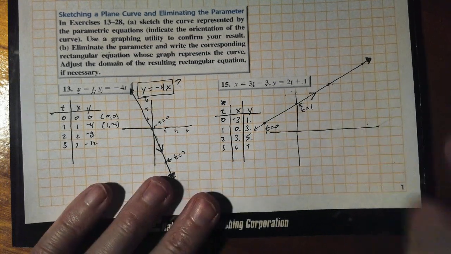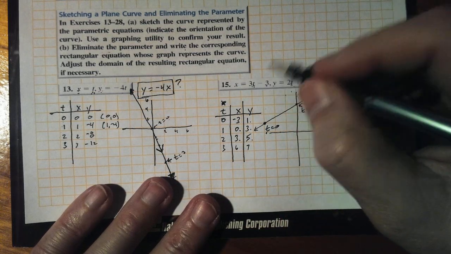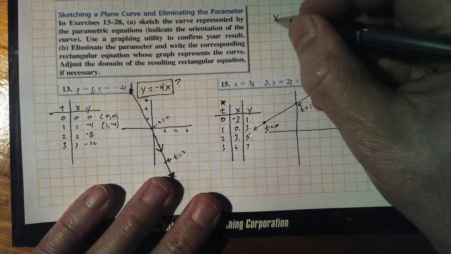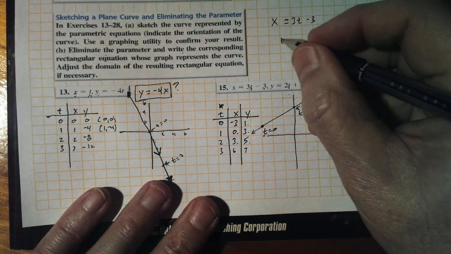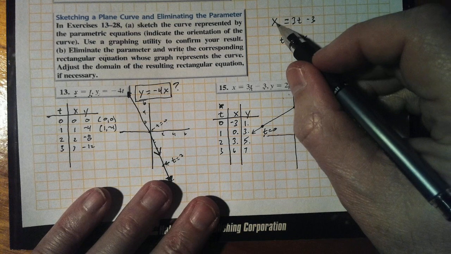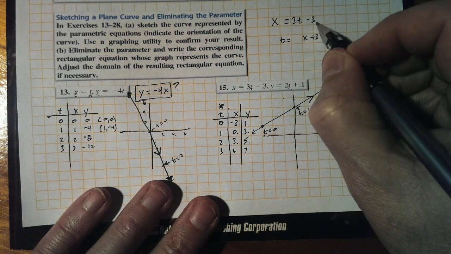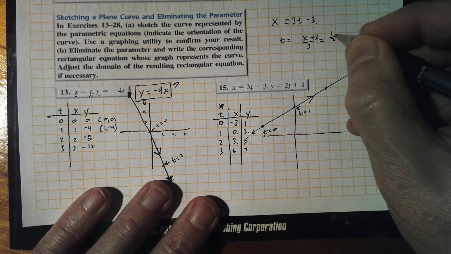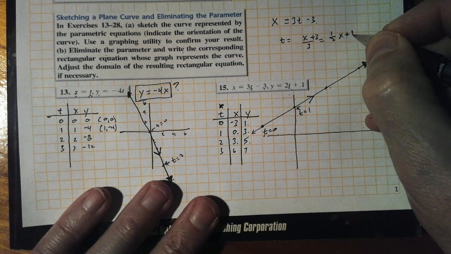We could do it that way, but the proper way to do it in most cases would be to solve one of these equations for t. I'm going to solve the first equation for t. We have x equals 3t minus 3. So t equals, it was x, I have to add 3, and I have to divide by 3. So I get 1/3 x plus 1.